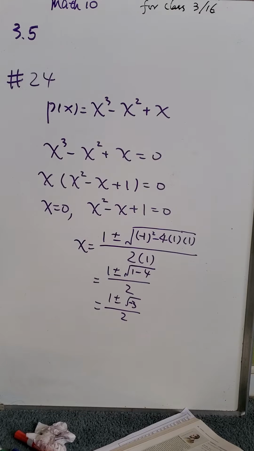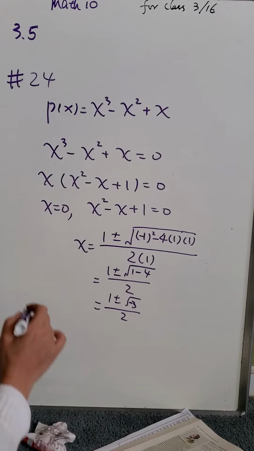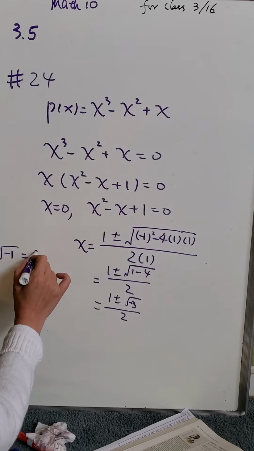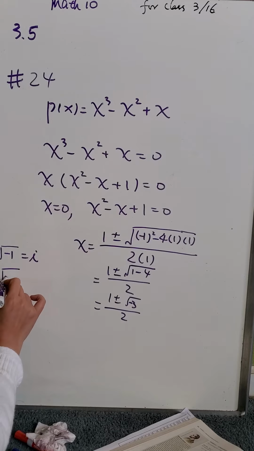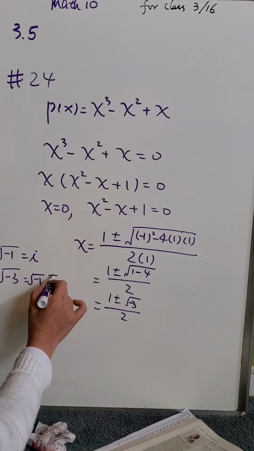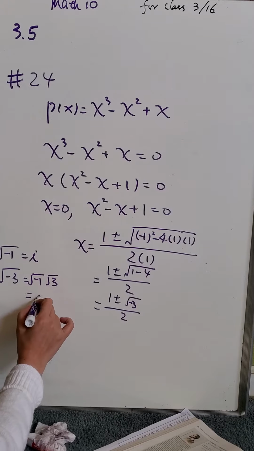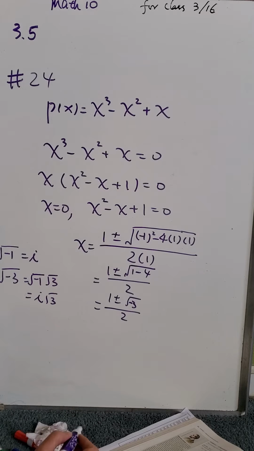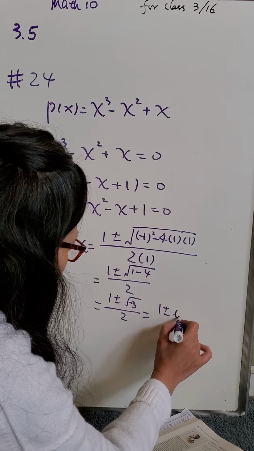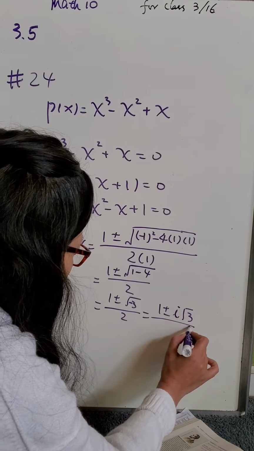Now here we know that the square root of negative 1 is equal to i. So when you have negative 3, it's just equal to negative 1 times 3, which is i square root 3. So we made this to be 1 plus minus i square root 3 over 2.